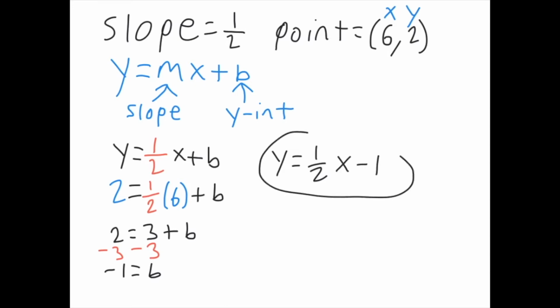And this is our final answer. So after we find out what b is, we have to go back into the original equation and plug in the slope and the y-intercept, the m and the b. Notice we don't plug the x and the y that we used in this equation back in. The x and the y stay x and y.